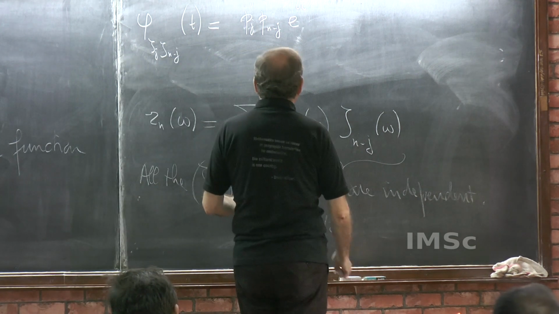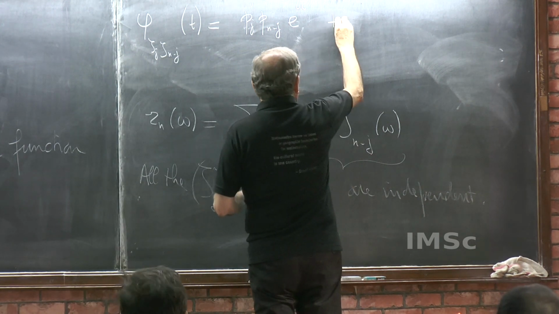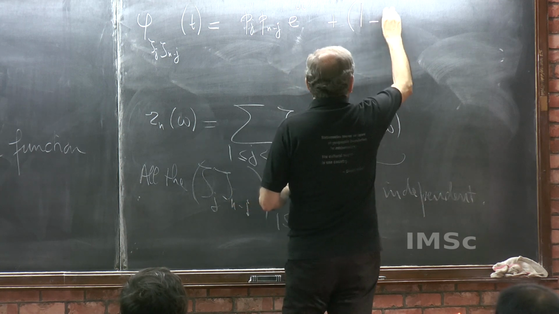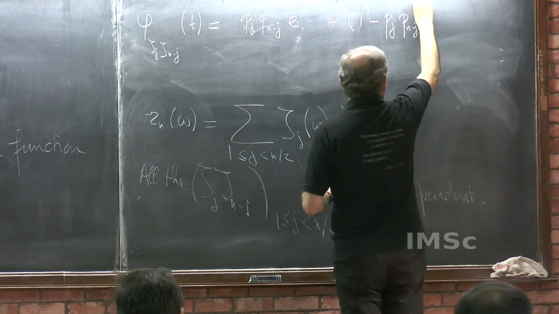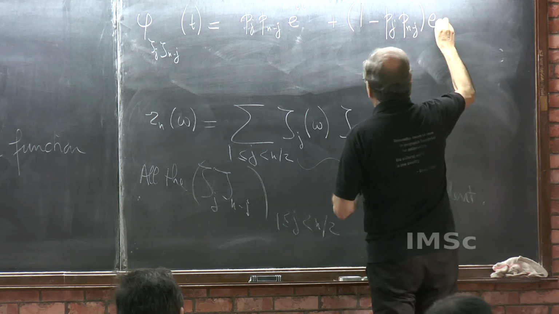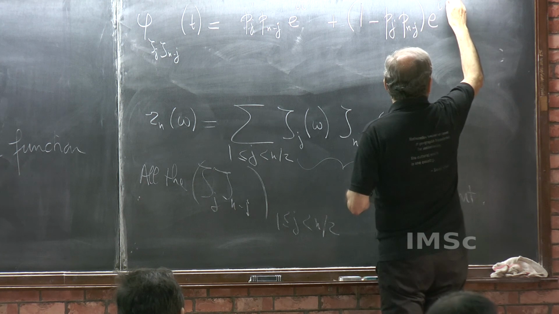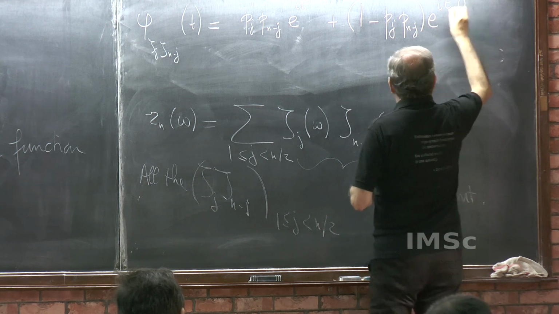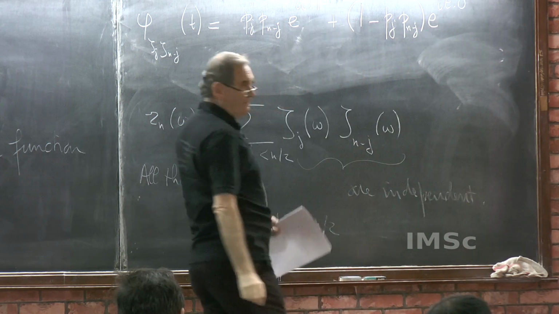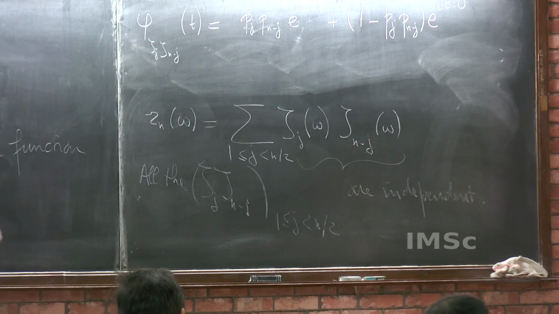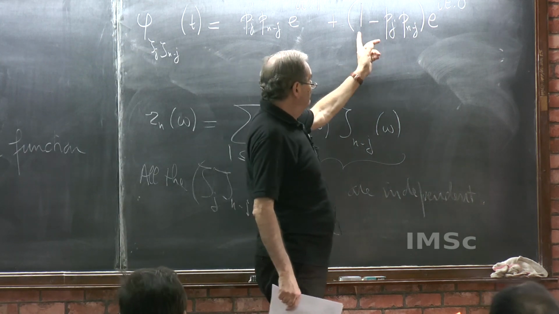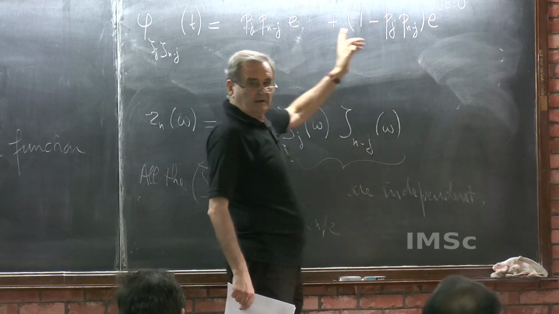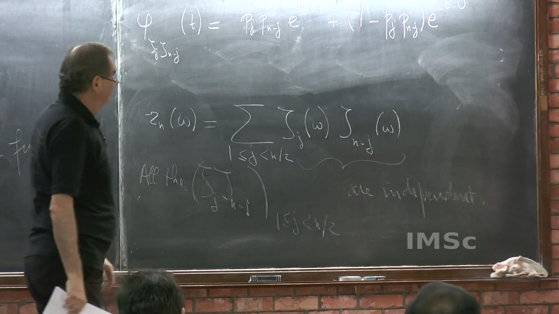Plus, it takes the value 0 with the probability 1 minus pj pn minus j, times e to the it times 0, so e to the 0, which is 1. You are just using the fact that this is a combination of two Dirac functions, Dirac at 0 with the weight 1 minus pj pn minus j, and this.